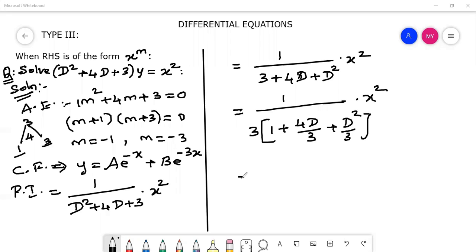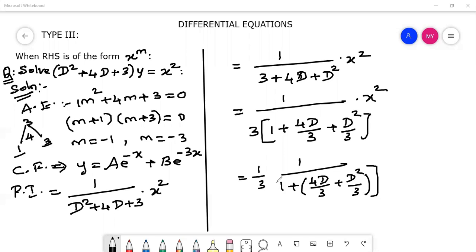Fine. After this, this 3 is a constant, so we can take it outside as 1/3, and then write 1 plus, just put a bracket here, (4D/3 + D²/3). This bracket won't change the meaning. After this, the denominator, whatever we are having, we can take to the numerator.